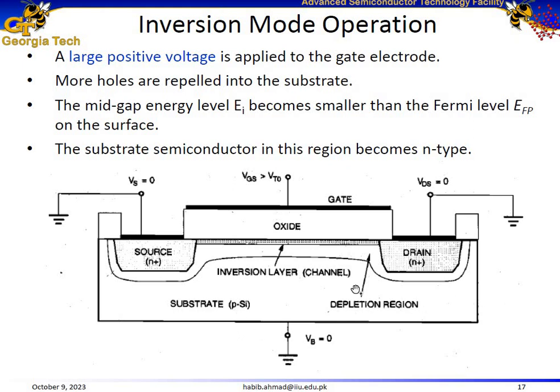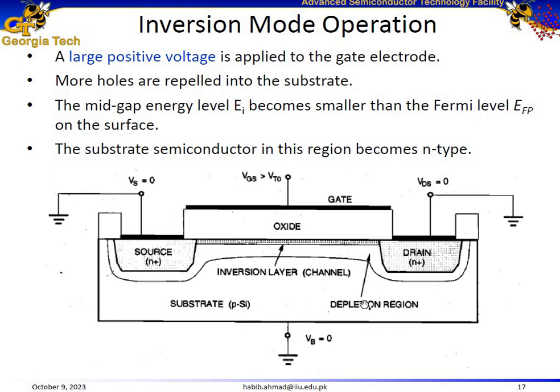Generally, for the substrate, the carrier concentration is of the order of 10 to the power of 15 or 10 to the power of 16 per centimeter cube. So, assume the hole concentration for the p-type substrate is 10 to the power of 15 per centimeter cube. Then according to the formula, N times P is equal to Ni squared, so the electron concentration is equal to 10 to the power of 20 divided by 10 to the power of 15, or the minority carrier electron concentration in this substrate would be 10 to the power of 5 per centimeter cube.